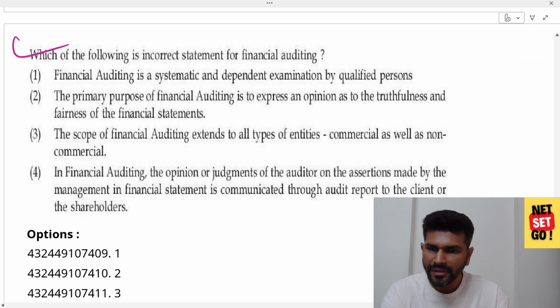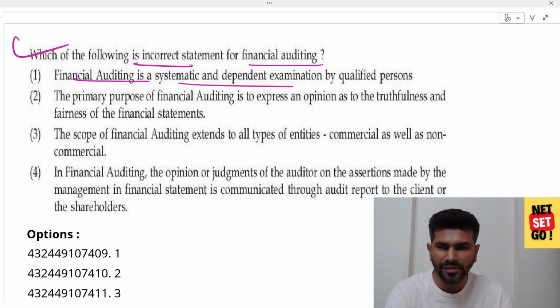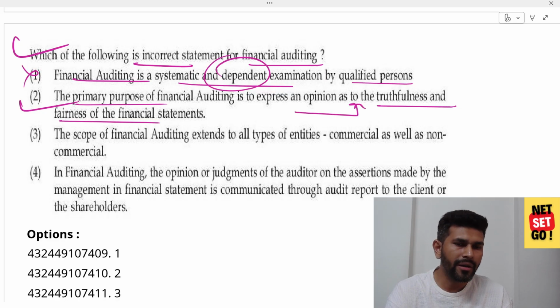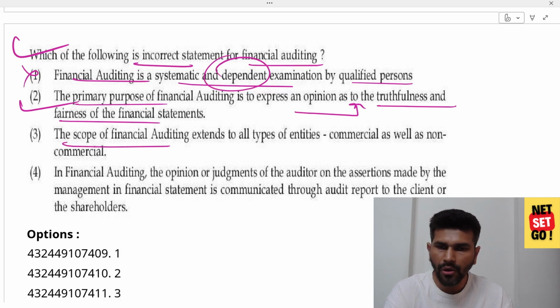Which of the following is an incorrect statement of financial auditing? Financial auditing is a systematic and dependent examination by a qualified person. No, independent examination by a qualified person. The primary purpose of financial auditing is to express an opinion as to the truthfulness and fairness of the financial statements, correct? To give an opinion whether the financial statements provide a true and fair view or not. Third, the scope of financial auditing extends to all types of entities, commercial as well as non-commercial, correct?